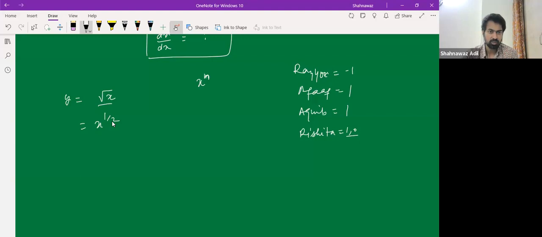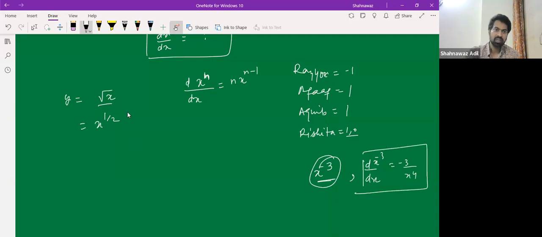Similarly, x to the power minus 3 is also not a polynomial, but we can differentiate it, giving minus 3 x to the power minus 4. Similarly, we can differentiate this function also.